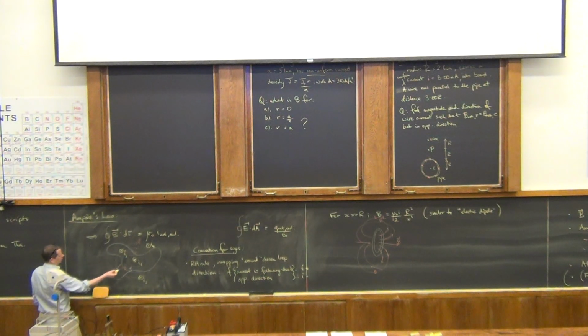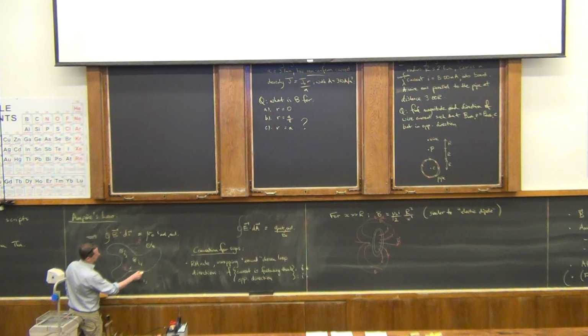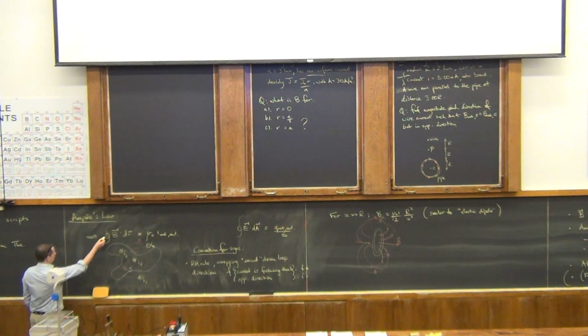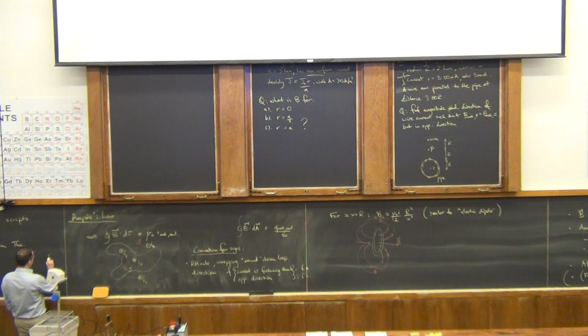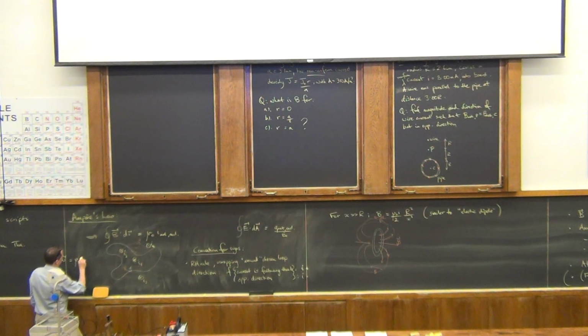And then the second thing I would do is, let's say I'm choosing to go along this pathway in a counterclockwise direction. The complete integral of B dot ds as I go around this loop is, first off, mu naught, and then I need to figure out what my net enclosed current is.